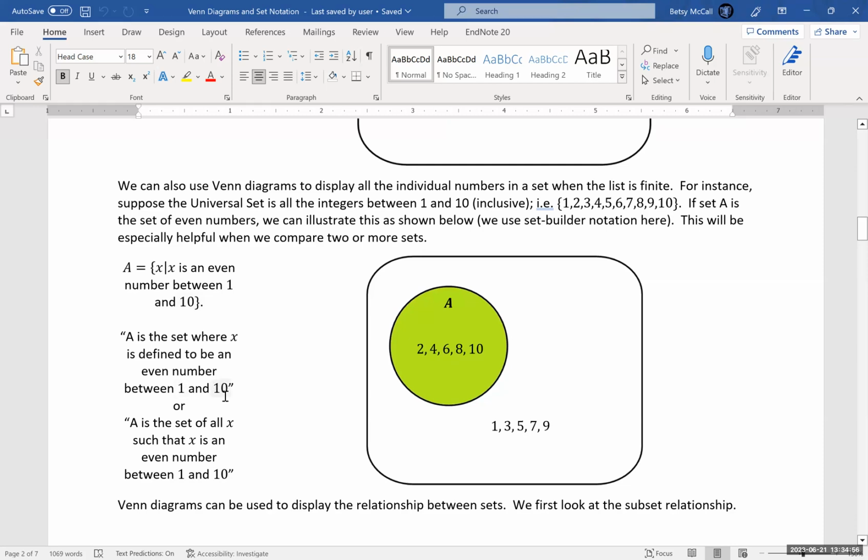We can write these out in words or in set builder notation, but the even numbers between 1 and 10 are 2, 4, 6, 8, and 10 inclusive. And then all the odd numbers are in the universal set, which was all the numbers between 1 and 10, not just the even numbers. Those numbers are not in A, so they go in the universal set outside of A.